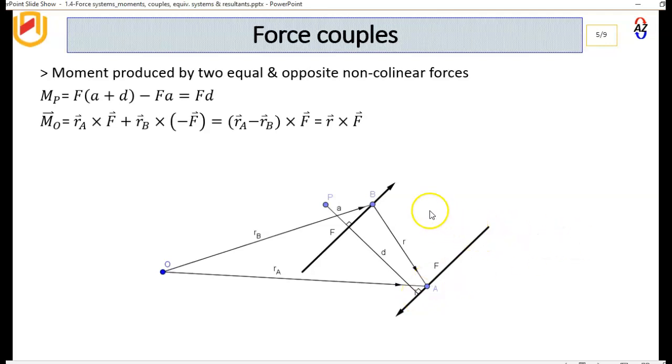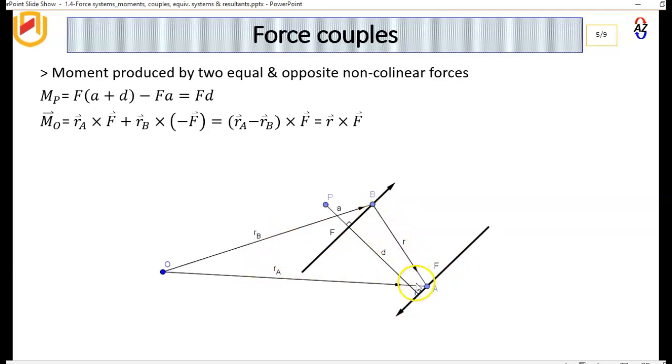Okay, now let's see if we can do the same thing using vectors. So the moment about the point O, we're going to take RB as the vector from O to anywhere on the line of action of this first F, and then RA is the vector to anywhere on the line of action of the other F, and then of course RA minus RB is this R here.